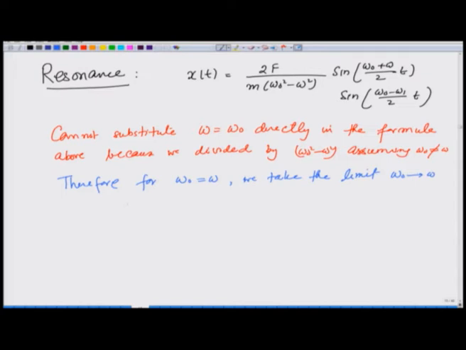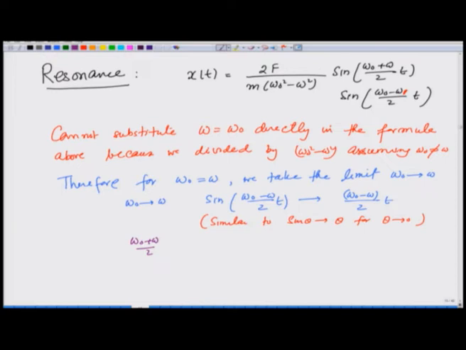In this case, if omega 0 tends to omega, then sine of omega 0 minus omega over 2 t would tend to, if omega 0 and omega are very close, they are becoming close to 0, this will go to omega 0 minus omega over 2 t. This is similar to sine theta going to theta for theta tending to 0. And in this case, omega 0 plus omega over 2 would tend to omega 0.